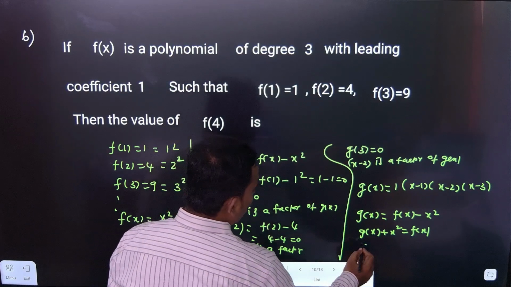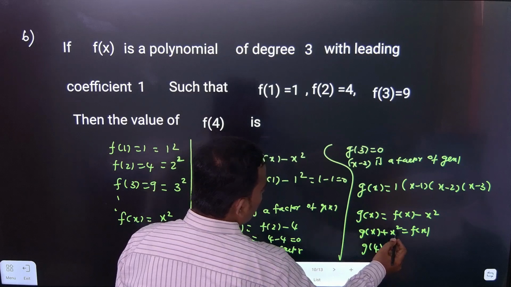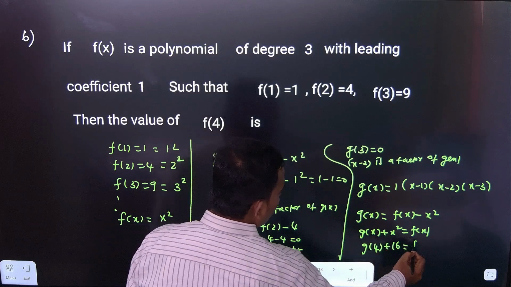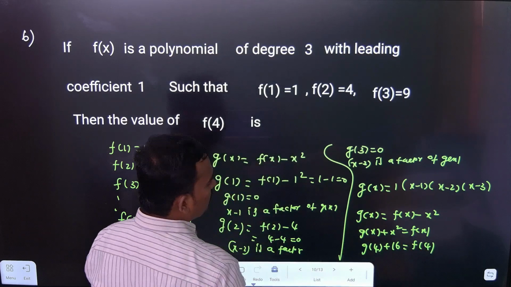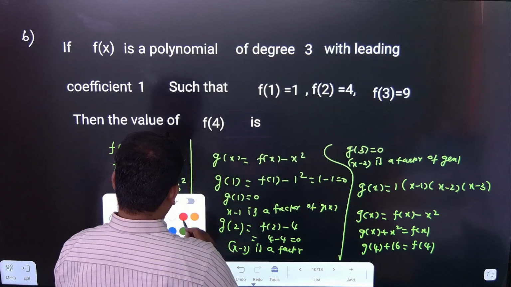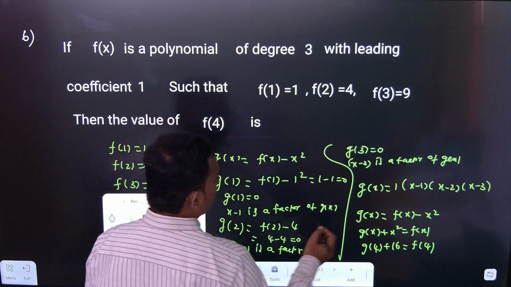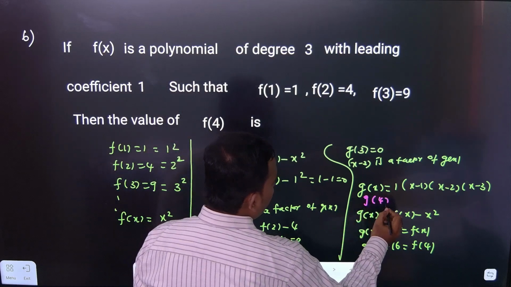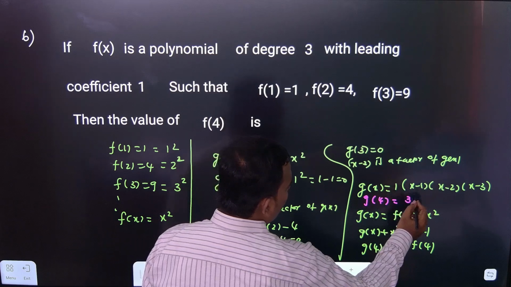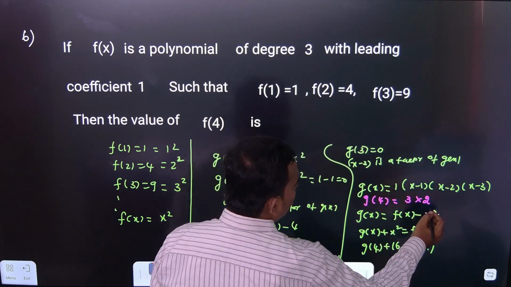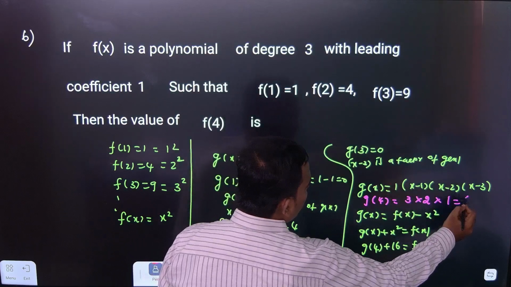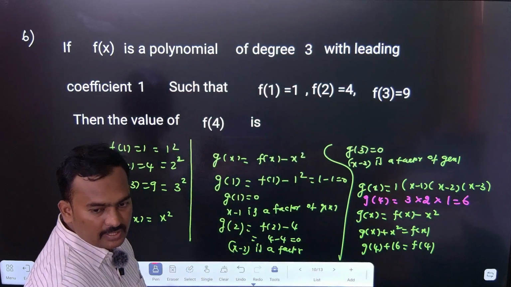f of 4 is required. g of 4 plus 4 square, which is 16, is equal to f of 4. But how to calculate g of 4? 4 minus 1 is 3, 4 minus 2 is 2, 4 minus 3 is 1, so it is 6. g of 4 is 6 here.